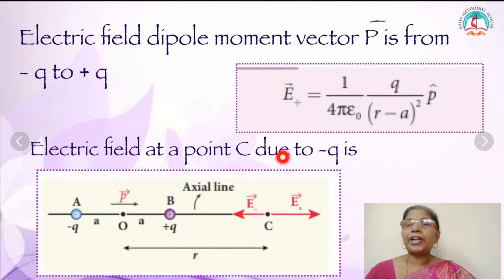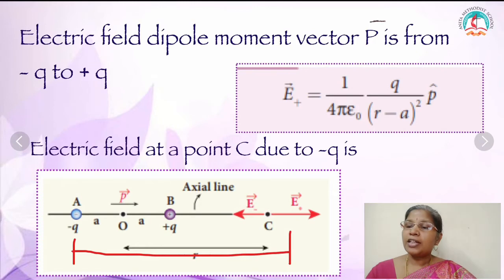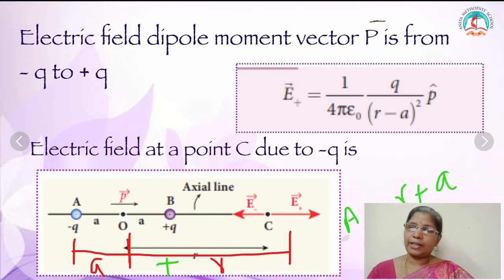Now I am calculating the electric field due to the minus Q. For minus Q, the distance is from A to C. From O to C the value is r, I know, and the remaining is a. So I add both the values, and AC is a plus r, or r plus a. Substitute in the electric field formula.